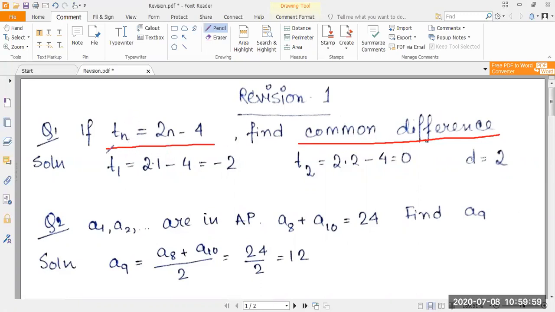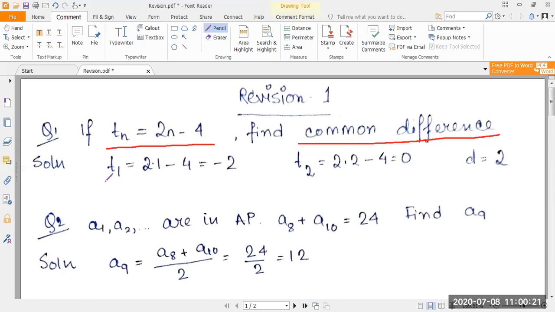This general form can be used to find specific terms of the arithmetic progression. Whatever value of n I put on both sides of this expression, I can get that term. So using this, I can get any term of the arithmetic progression that I want. And that is essentially what I will be doing.